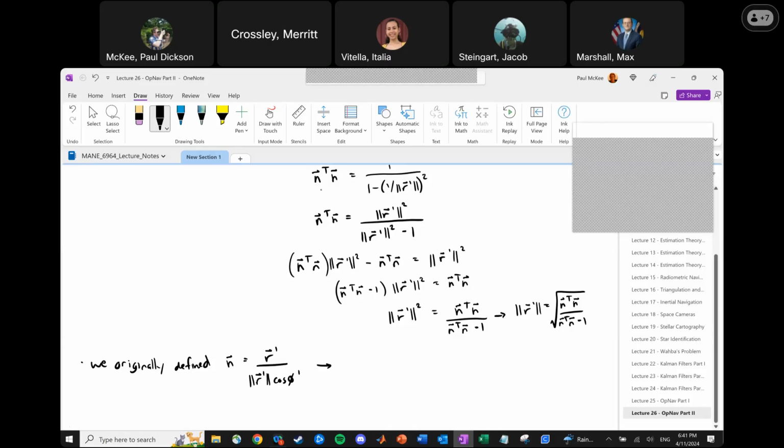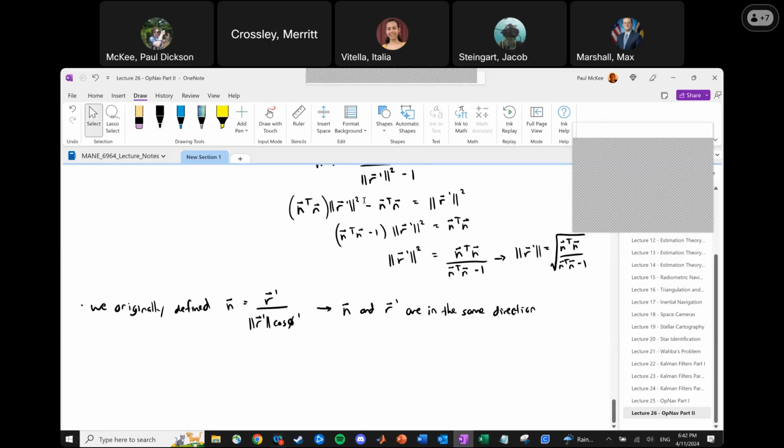Normalizing is just a scaling. This means that the vector n and the vector r prime are in the same direction. They're just scaled differently. If that's true, then n divided by the norm of n is equal to r prime divided by the norm of r prime.